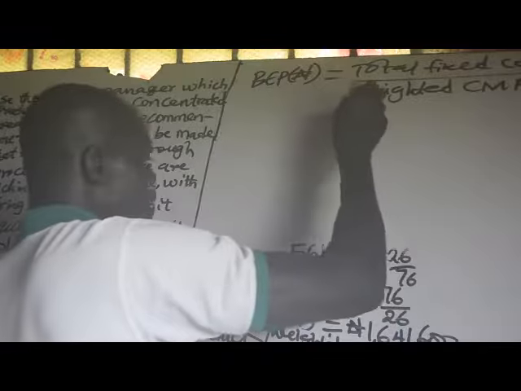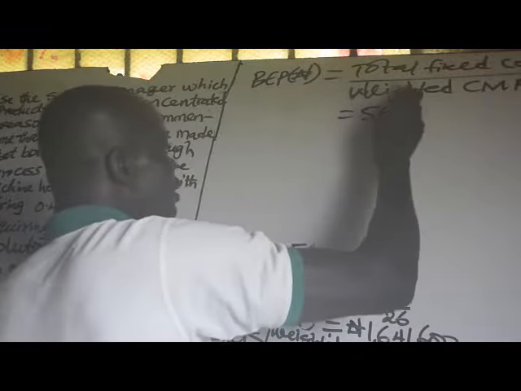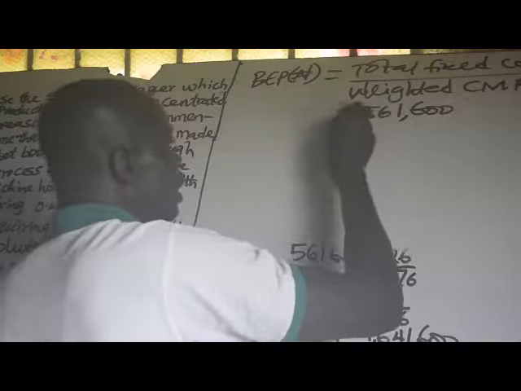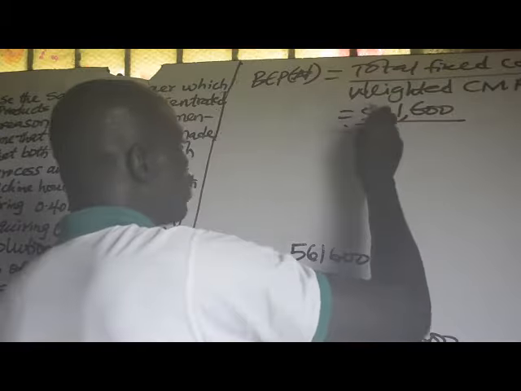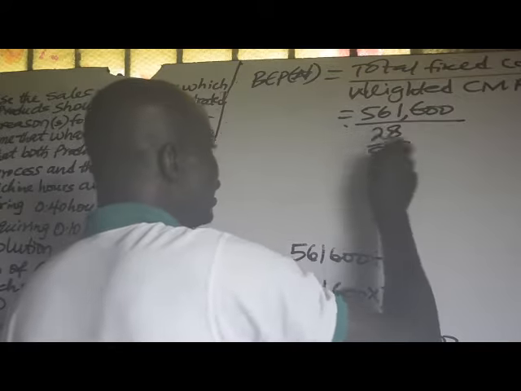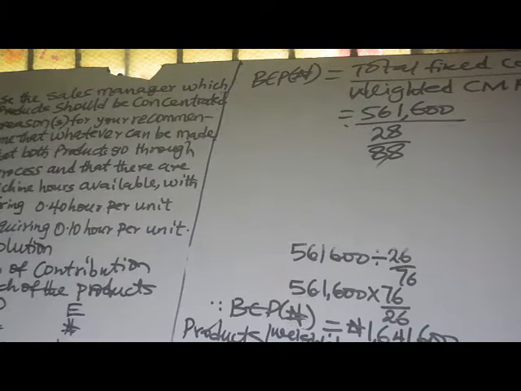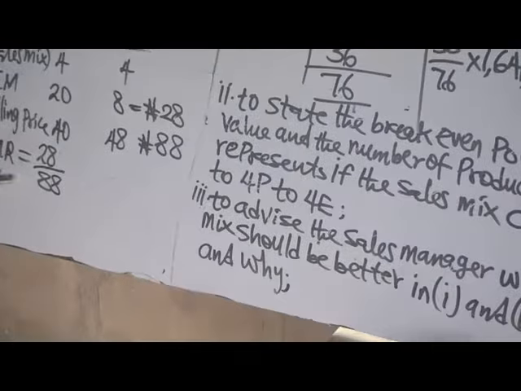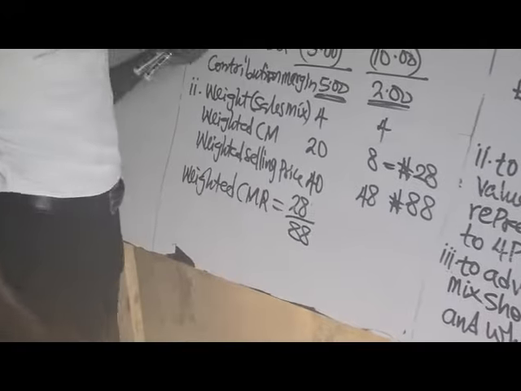Total fixed cost is still the same, 561,600 over weighted CMR, which is 28 over 88 as obtained here.